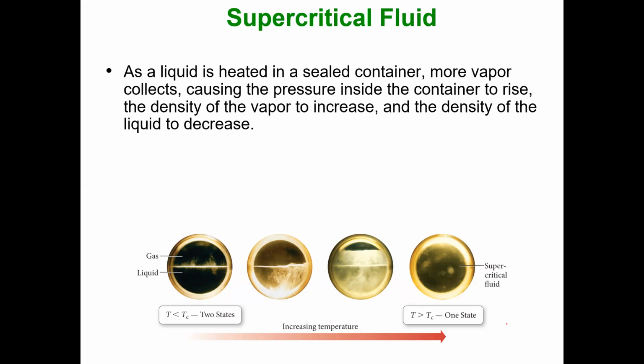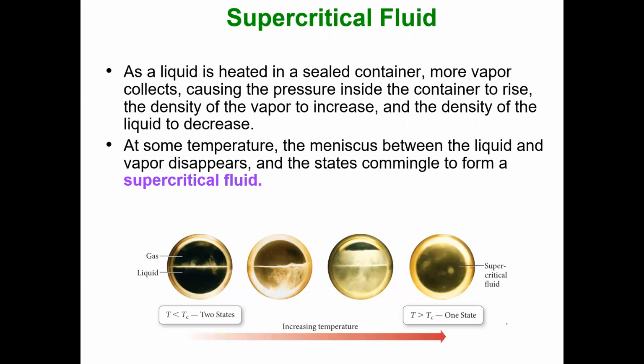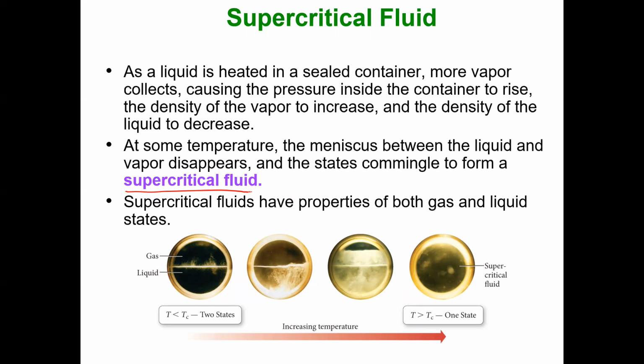And eventually, the density of the vapor above the liquid is going to increase more and more, and the density of the liquid is going to decrease, where they're going to reach a point where there is no meniscus. There is no separation of phase. And at that temperature, we form what's referred to as a supercritical fluid, one state. The supercritical fluid has both properties of gas and liquid.